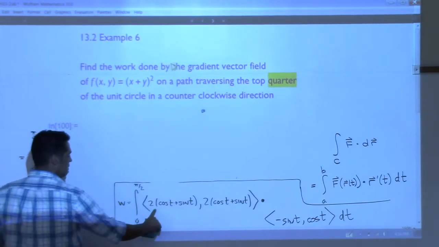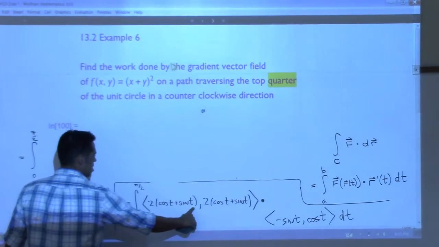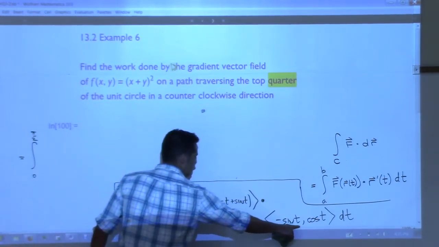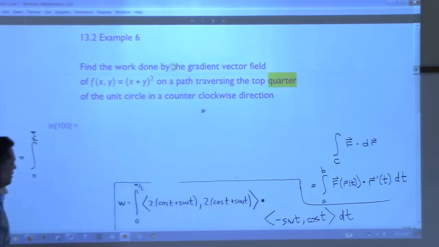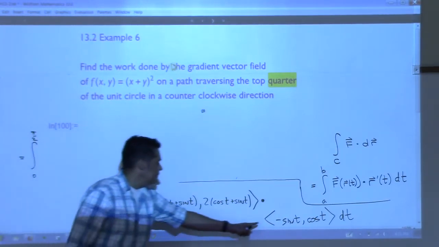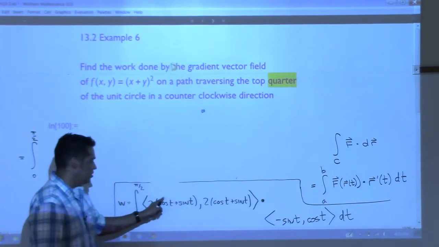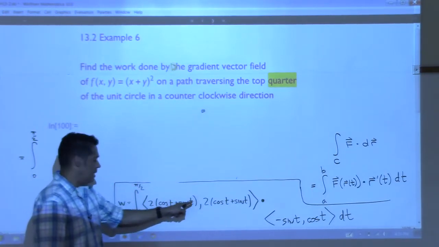This one, right? Times that one. So what would that be? There's a bunch of different ways I can write it, right? So how do you want me to write it? Do you want me to take the negative sine t and actually distribute it through with the 2? Yeah? Okay, so let's do that.